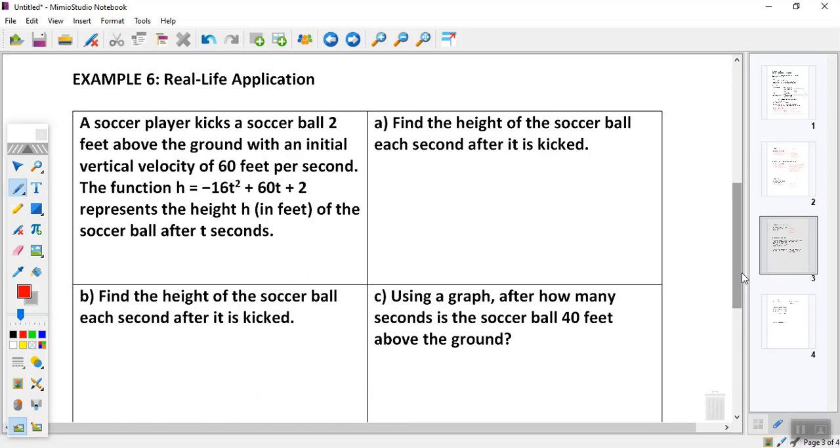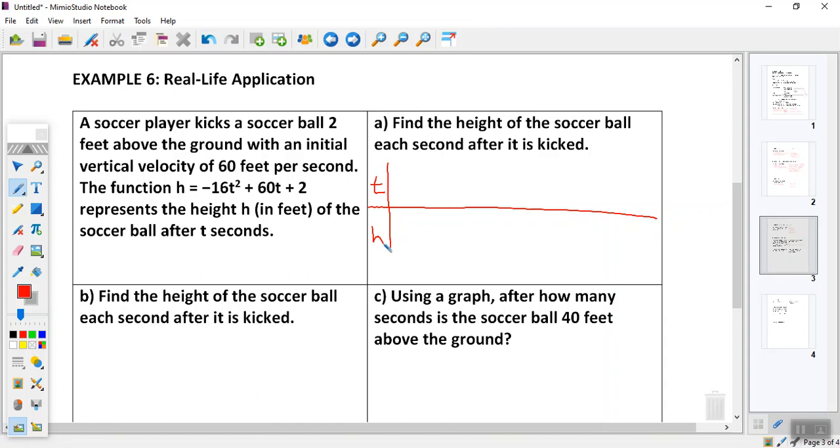Okay. Let's make a little table here, kids. I'm going to need your help. I'm going to go t and I want to go h. Time t, height h. And let's just maybe say, let's go 0 to 5.